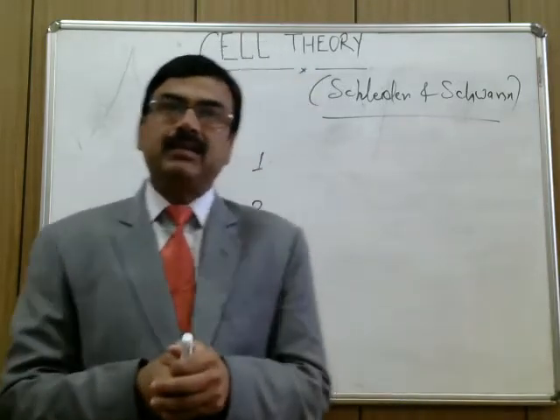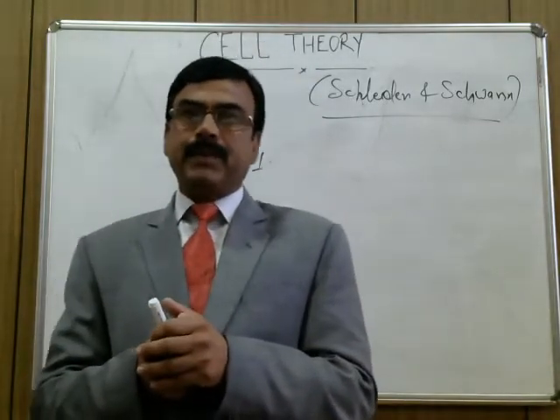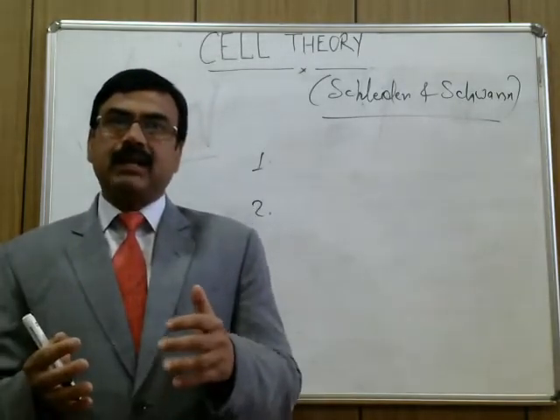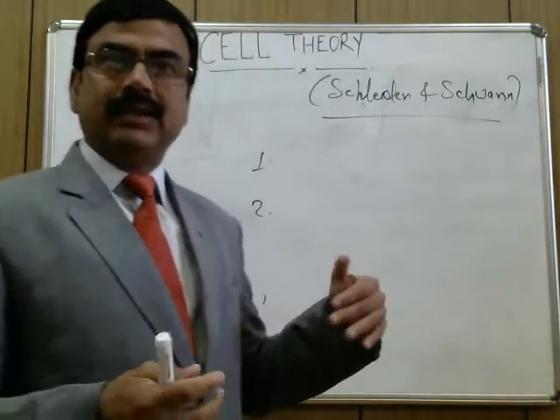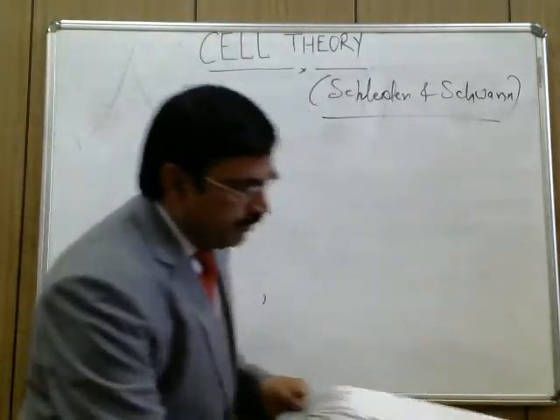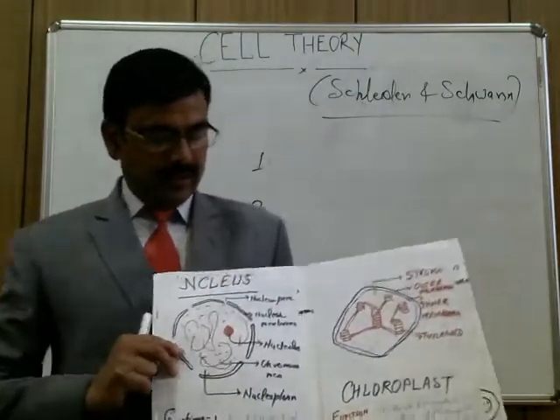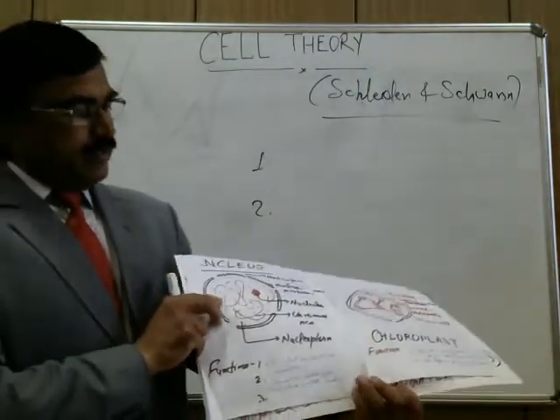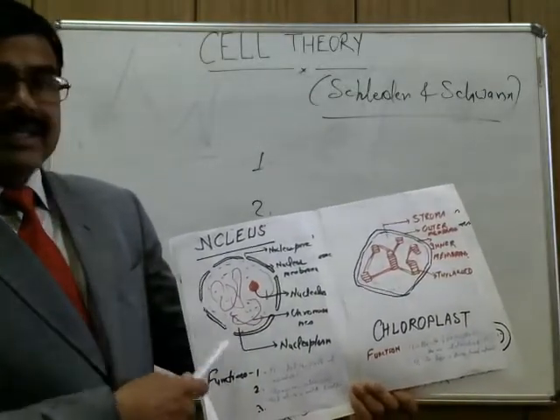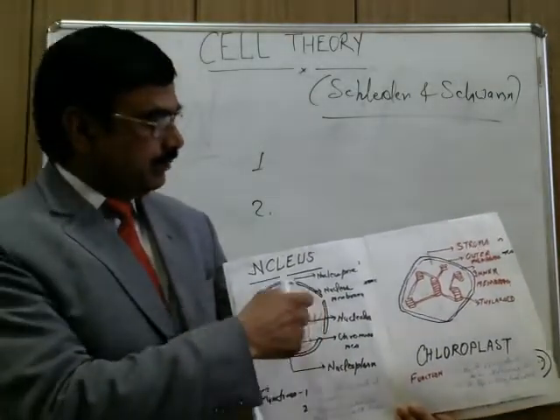For that lecture I have prepared a slide. Through that slide I will explain, and also I will explain with the diagram in front of you. Very first, as you know, the nucleus is the controller of the cell.